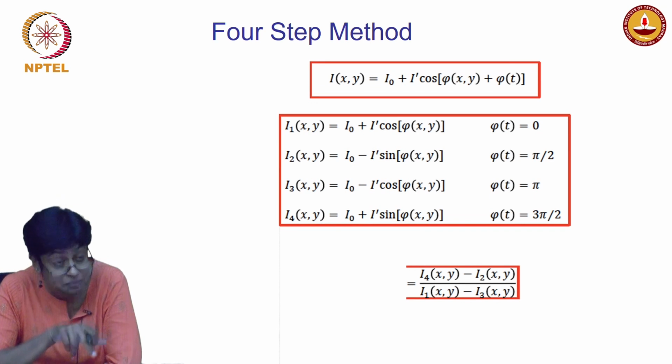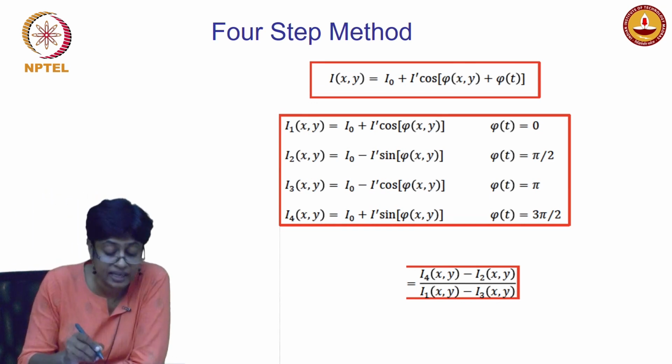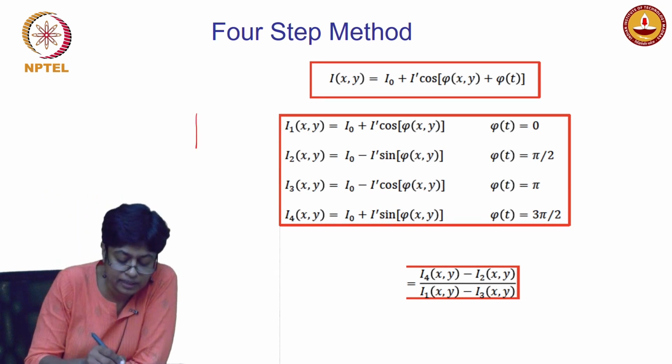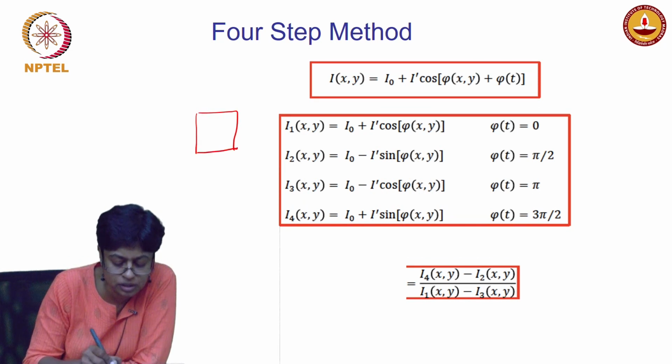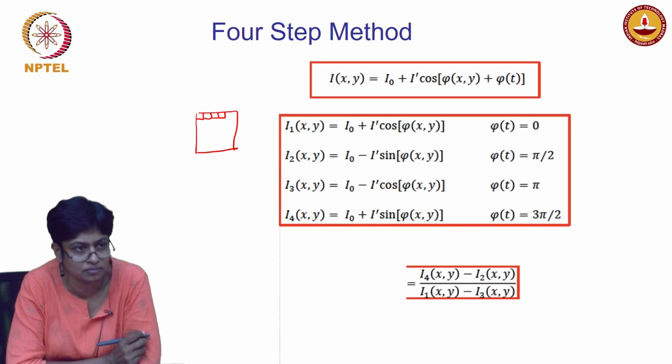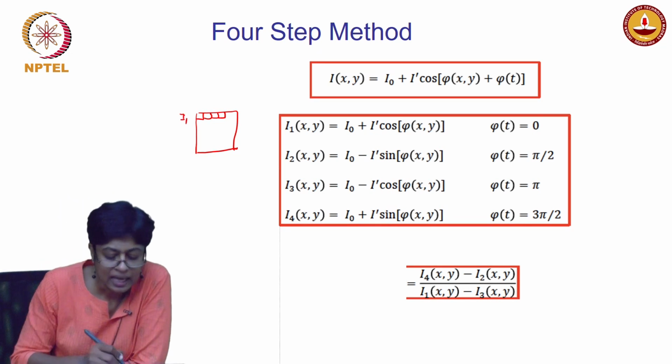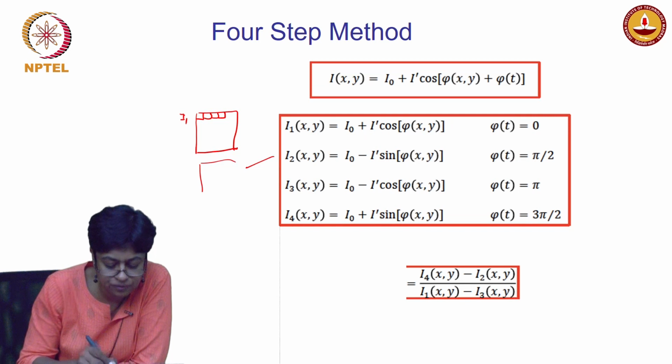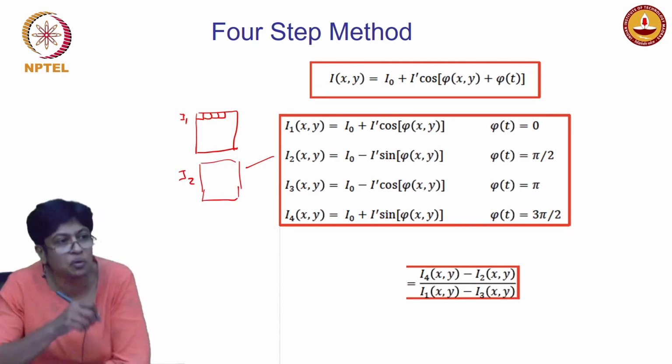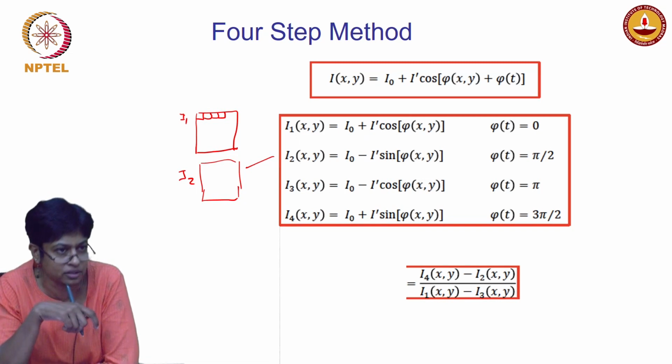So, this means when I say I have I1 of x, y, that means I have a camera image and I have the pixel information everywhere, right? This is my I1. And again for I2 I will have the same information, but of course the intensity on each of those pixels is different.